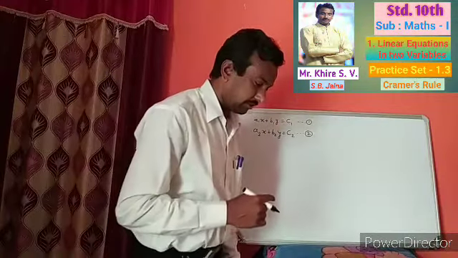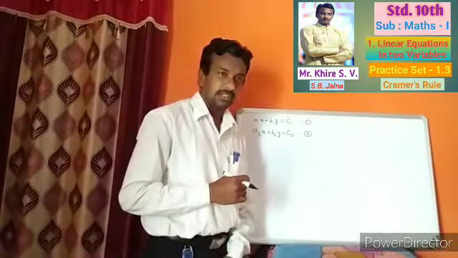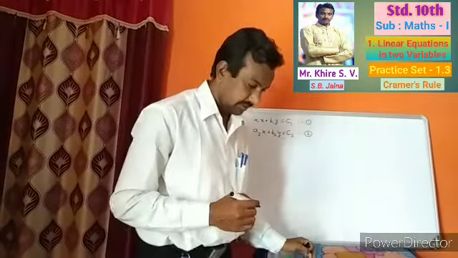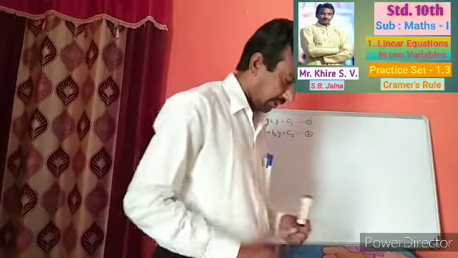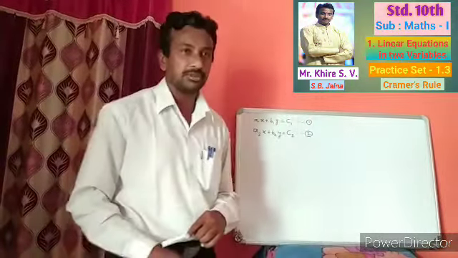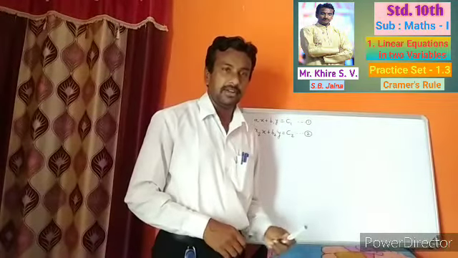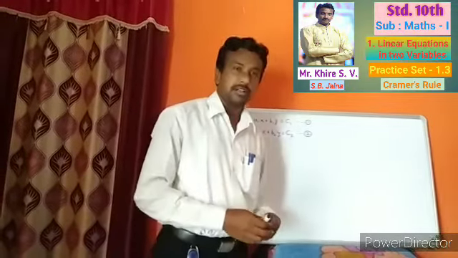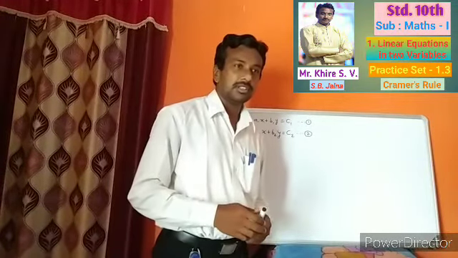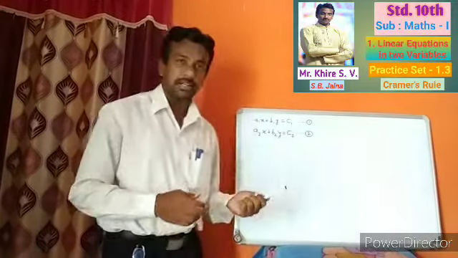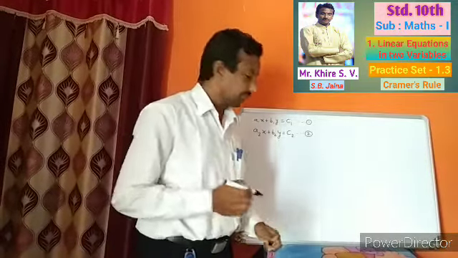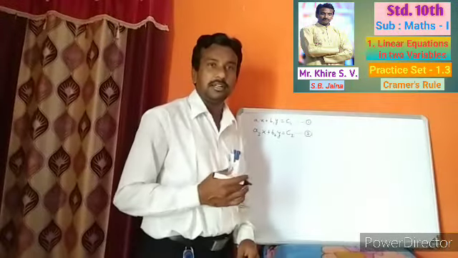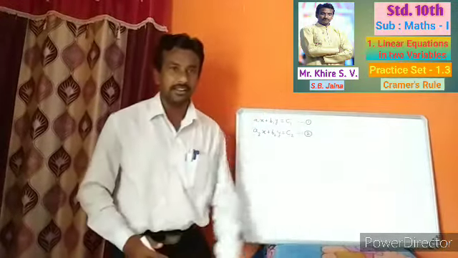To find the value of dx, the column of coefficients of x, that is a1 and a2, is replaced by c1 and c2. In dy, the coefficients of y, that is b1 and b2, are replaced by c1 and c2. Now we can find the values of d, dx, dy and x and y.